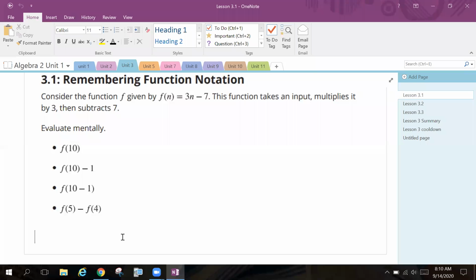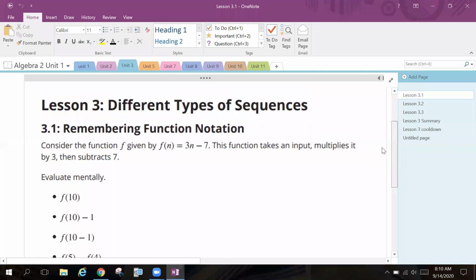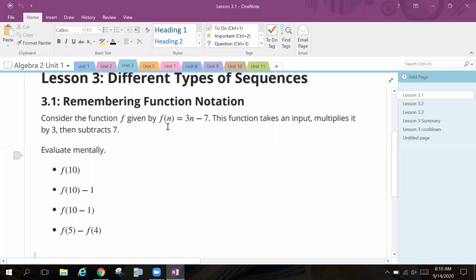Okay, so right off the bat, they're going to start us with function notation. Do y'all remember function notation? Okay, that is when it's written as a function, a mathematical expression where you have numbers that you're going to plug in for n, but it's a function of f. So all they've done is written it as a function of f.